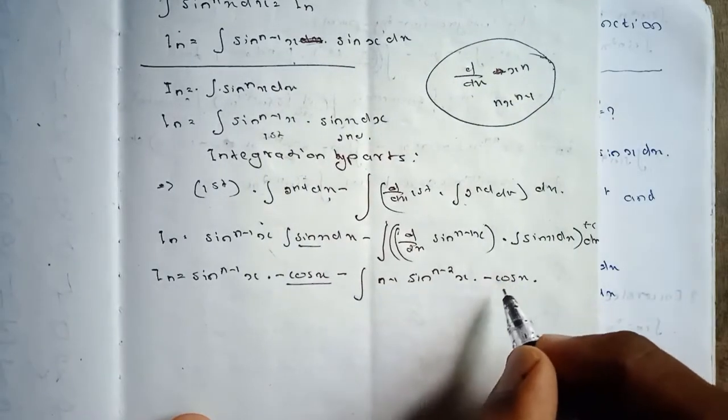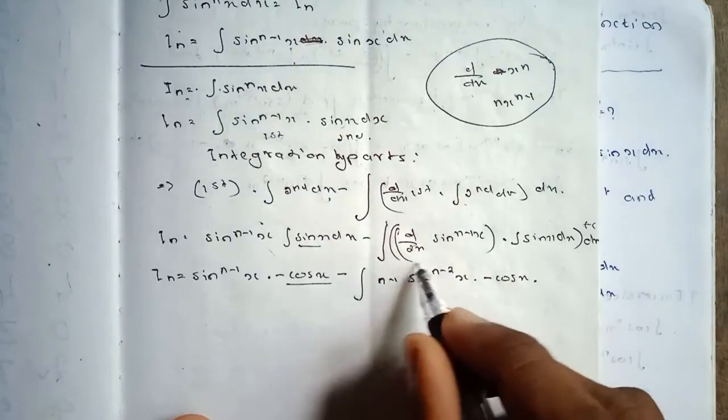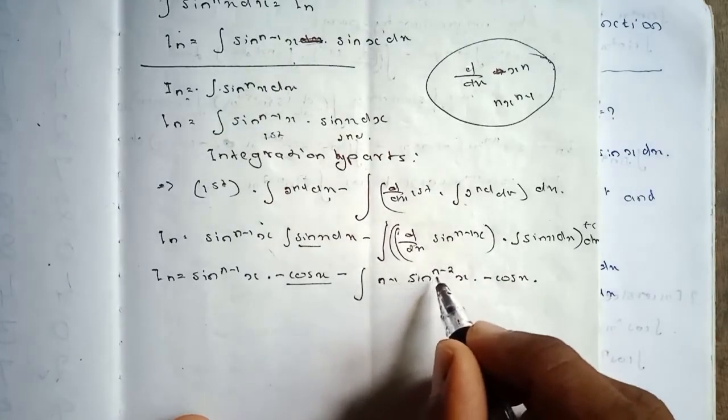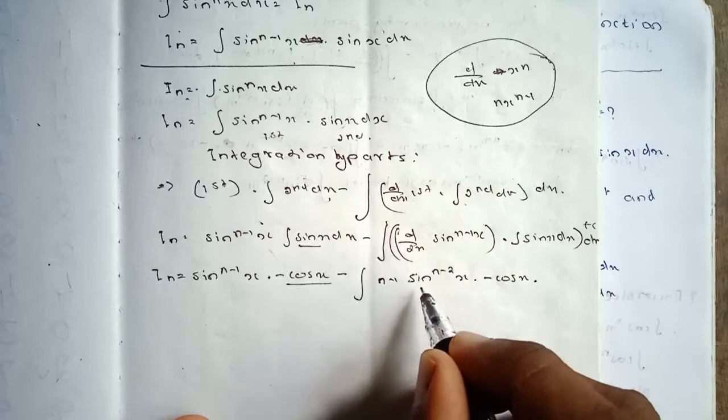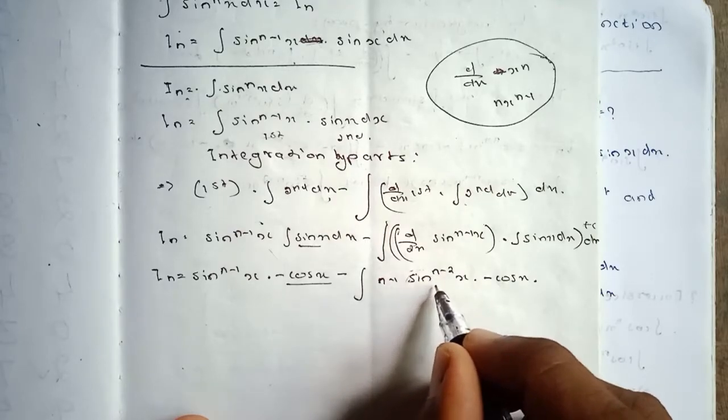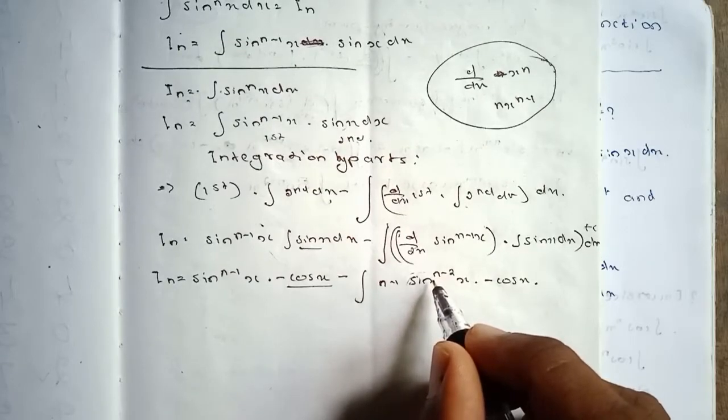Sorry, there is one more thing: we first put n minus 1 into sin^(n-2) x here. Then we want to find the derivative of sin x also, due to the chain rule.